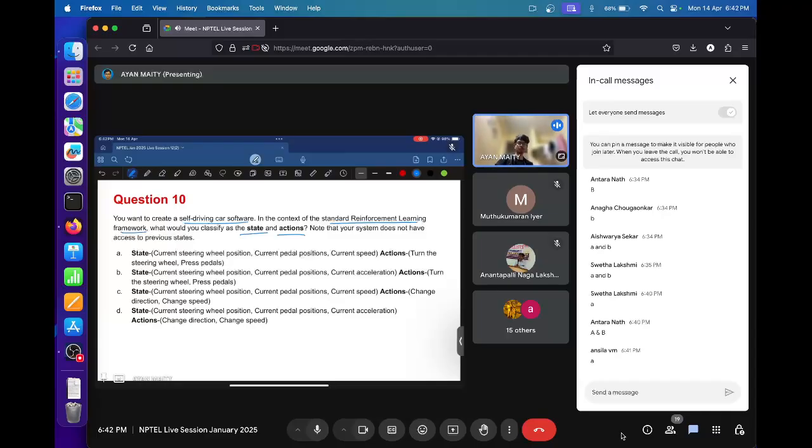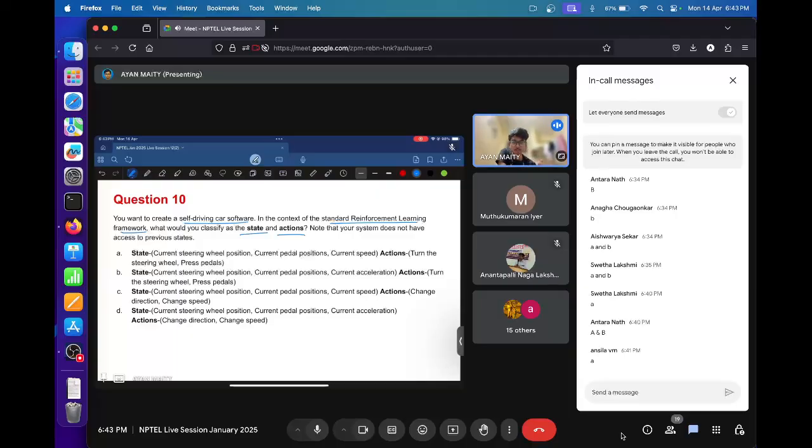State should contain all the information required to make a decision or to take actions basically. All the important information it should contain. So the important information that should be included in case of a self-driving car is the position of the wheel, in which way it is turned. So we need to know that so that we can turn the steering wheel accordingly. And what is the position of the pedals?